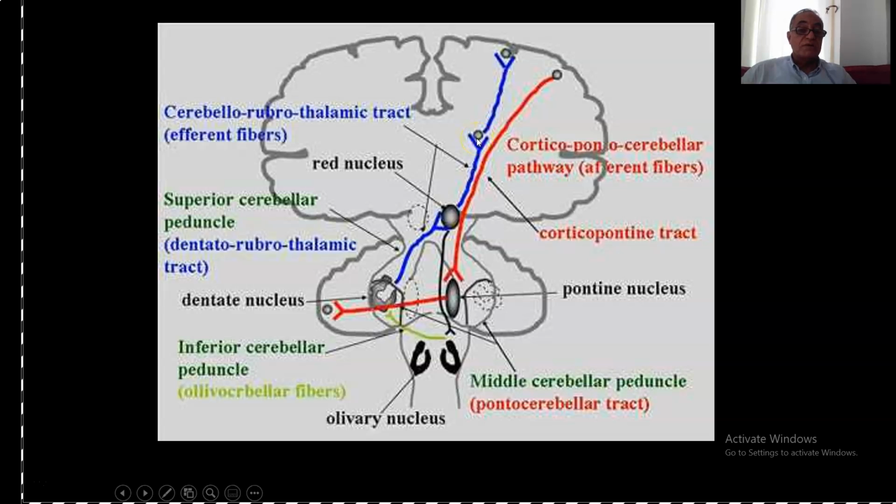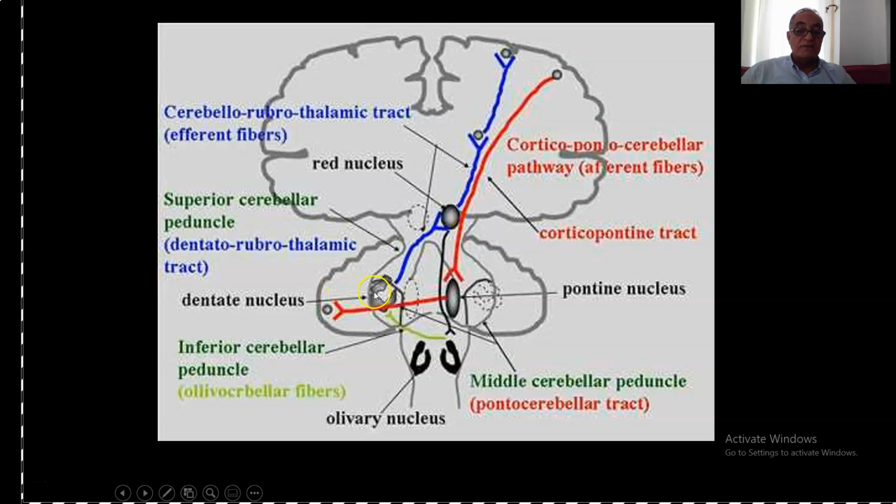As we said before, the anterior ventral nucleus of the thalamus, dentato rubro thalamo, and then from the thalamus to the frontal area, and then again from the fronto, it goes back to the pons on the ipsilateral side, ponto, and then from the pons it goes through the middle cerebellar peduncle to the cerebellum, fronto ponto cerebellar pathway, on the surface of the cerebellum, what we call the Purkinje fibers, and then from the Purkinje fibers again to the dentate nucleus.